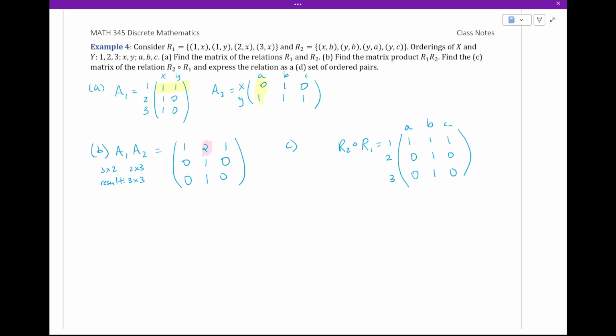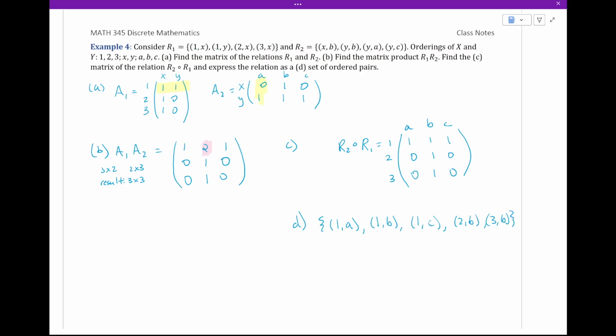I want to do that because here in part D, I'm going to write all the ordered pairs. So the ordered pairs are 1A, 1B, and 1C. And then I've got 2B and 3B. And that's my set of ordered pairs.